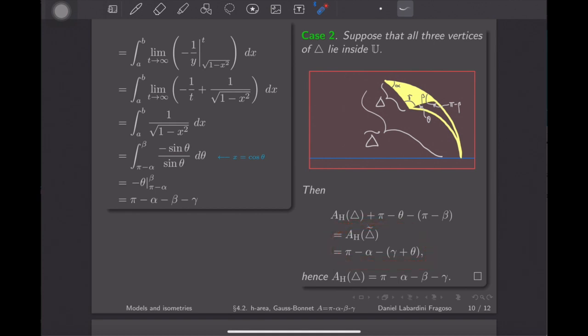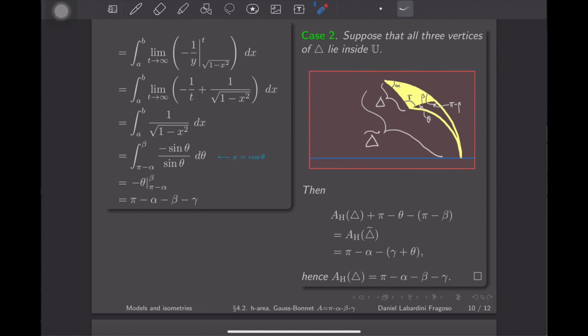Now, on the other hand, this one can be written as an overlapping union, which overlaps only on this side, of this one and this one. So this one, its hyperbolic area is precisely the one we want to compute. And the other one, again, has this vertex at infinity.